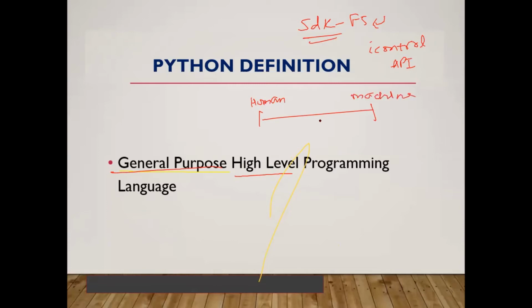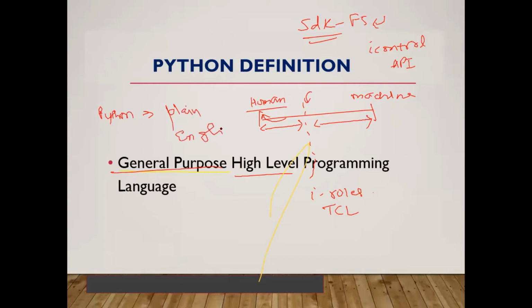Because you already work on F5, you are aware of iRules, right? iRules are written in the TCL language, which is in the middle of the scale between closer to the human and closer to the machine. But Python is more toward the human. You can say Python is a bit like plain English.